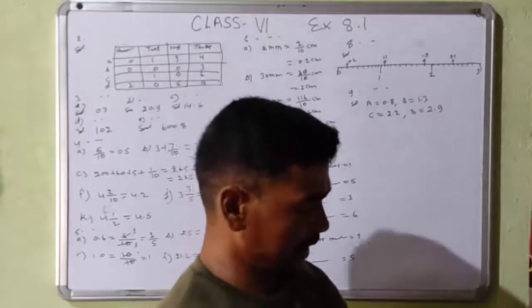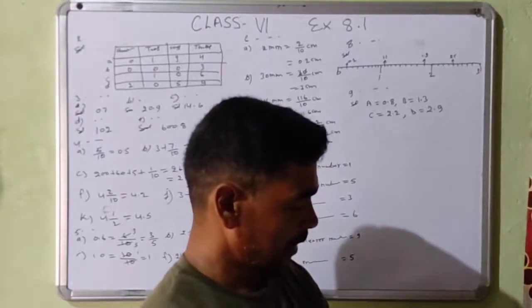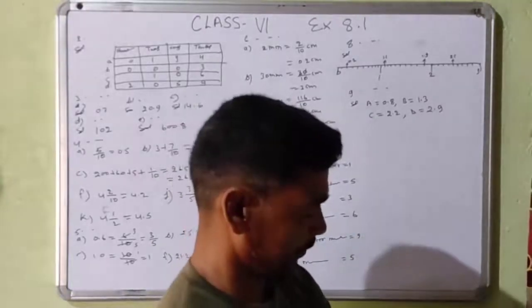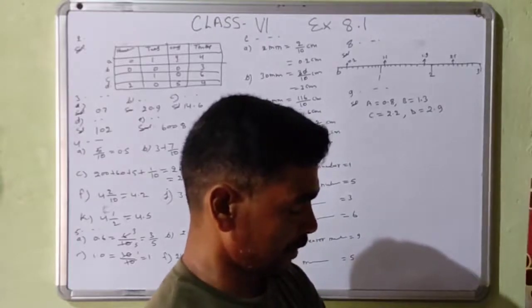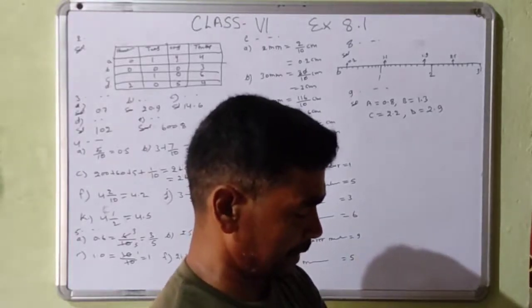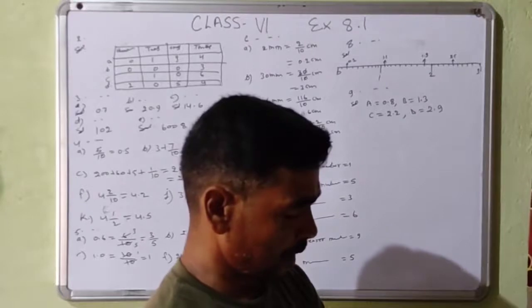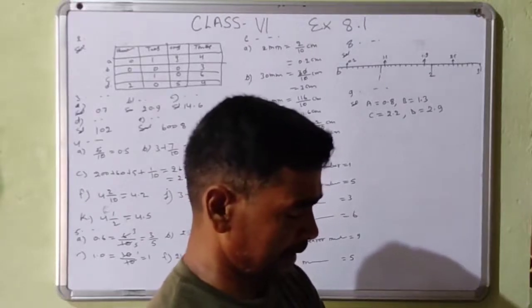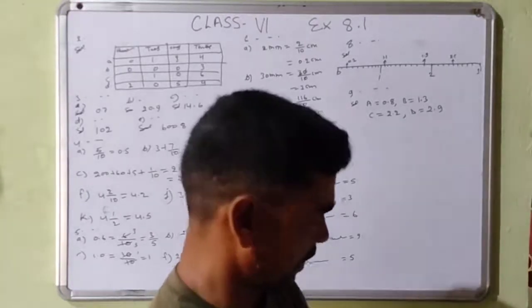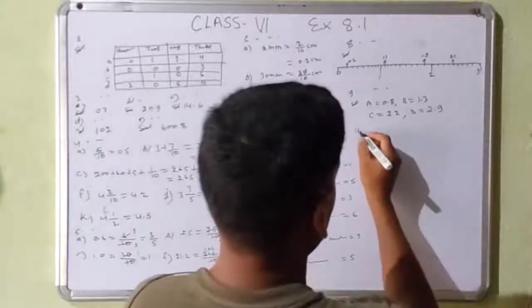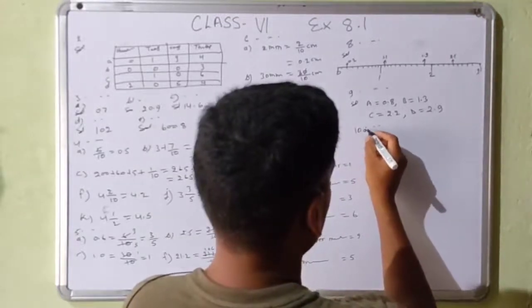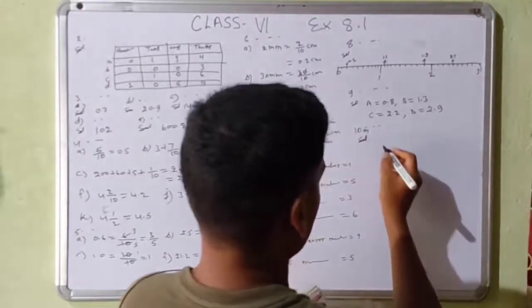And then 10th question. The length of Ramesh's notebook is 9 cm 50 millimeter. What will be its length in centimeter? So 10th A part solution.